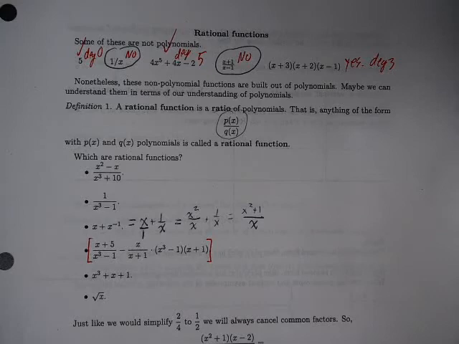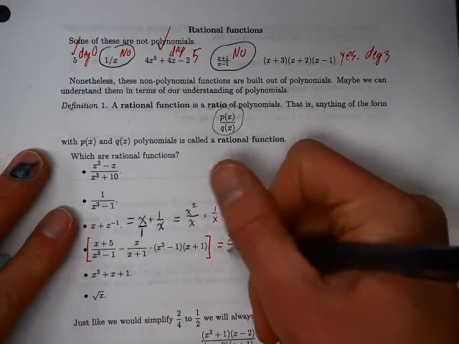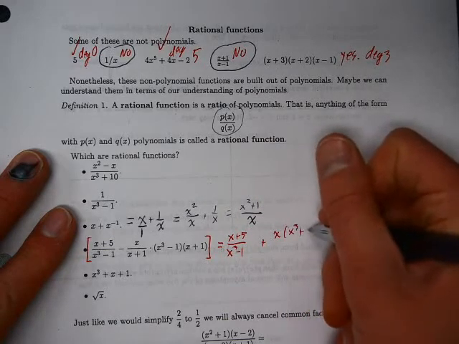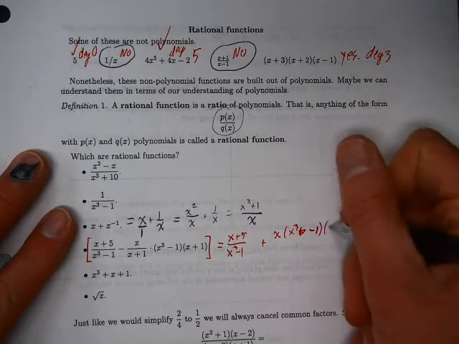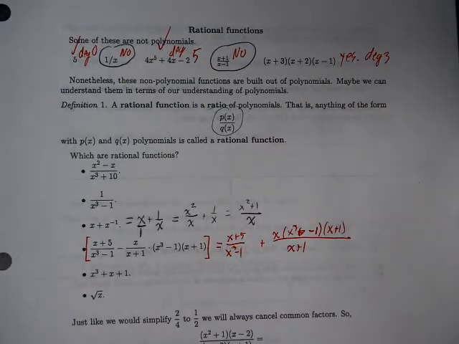It is a rational function, and I won't go through doing it, but I'll go through some of it. You could rewrite that as x plus 5 divided by x cubed minus 1, plus x times x cubed minus 1 times x plus 1 divided by x plus 1. Could I get a common denominator between those two ratios? And once you got that common denominator, you could add easily. The denominator would just be the product of those two denominators. The numerator would be something more complicated.